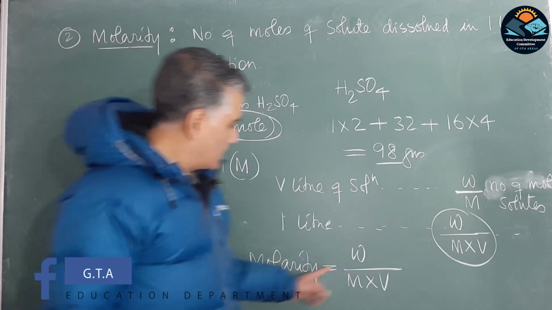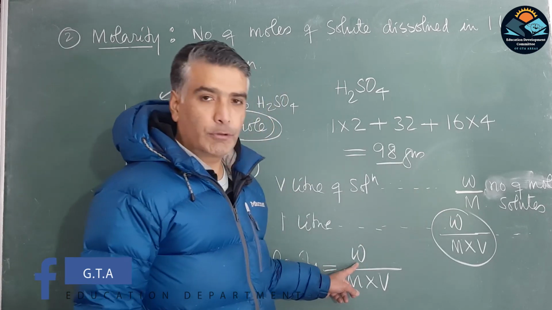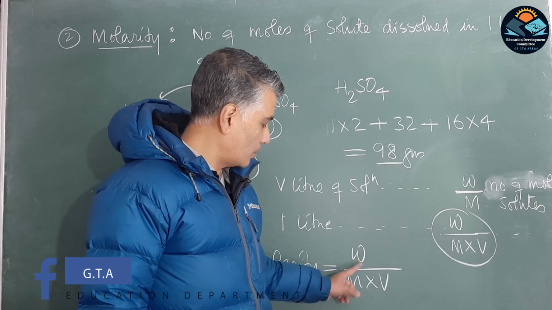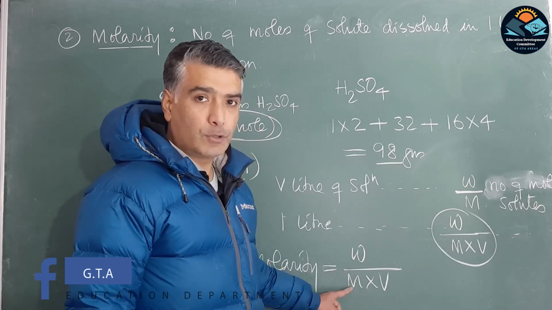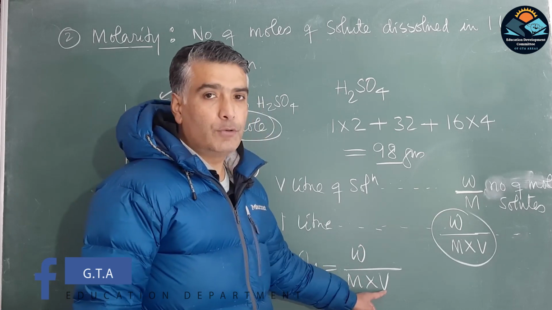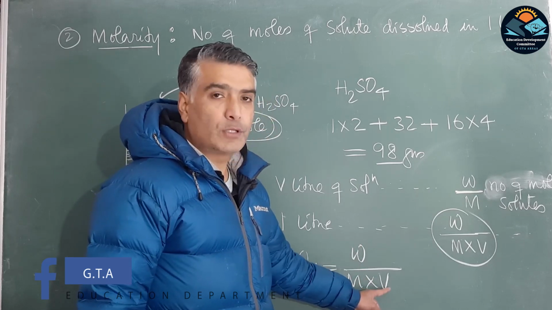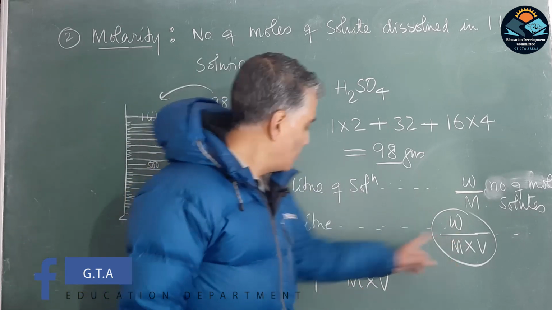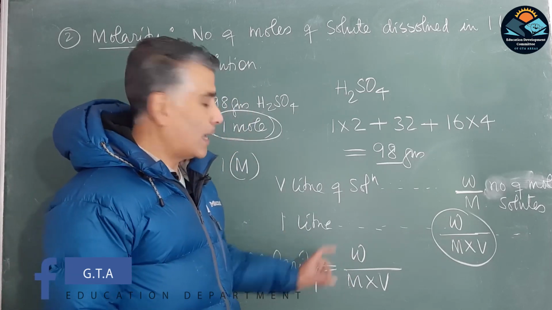So let's see what is this W. W is the mass of the solute dissolved, but since mass is not going to give me molarity, I have to divide the mass of the solute by the molecular mass of the solute, and that gives me the number of moles of the solute. So number of moles again is divided by the volume of the solution in liters, because number of moles divided by the volume of the solution in liter gives you the number of moles in 1 liter, and that's why it is known as molarity.